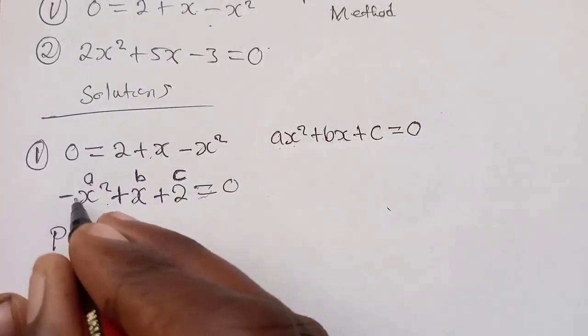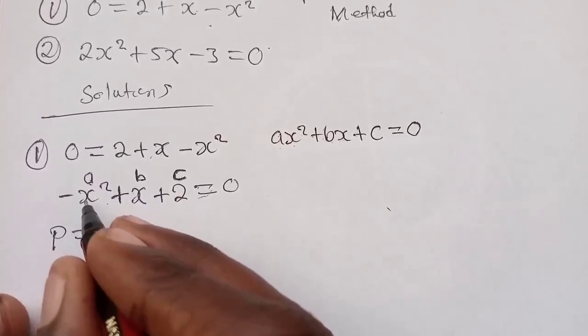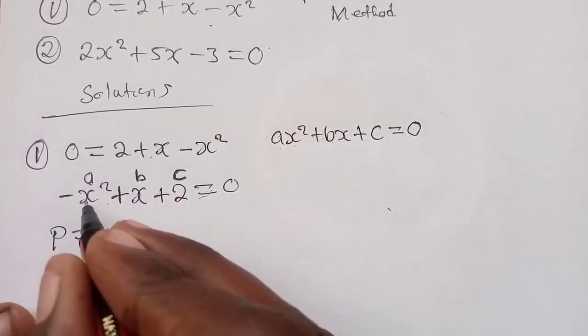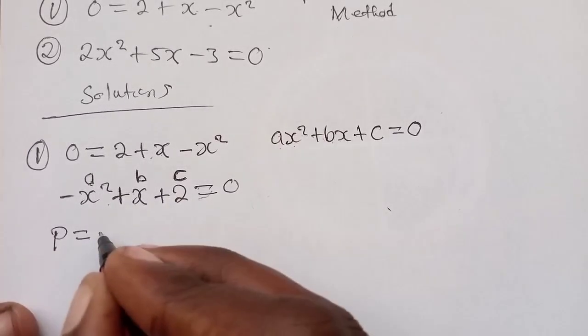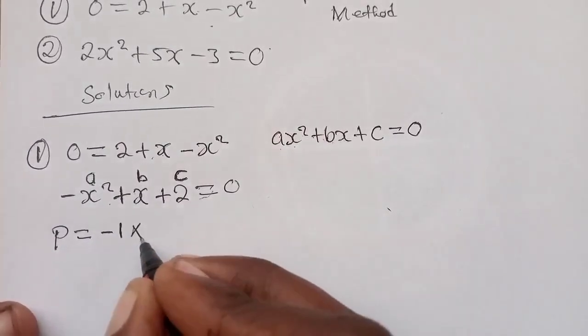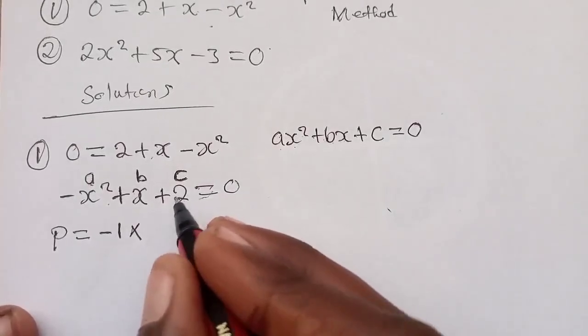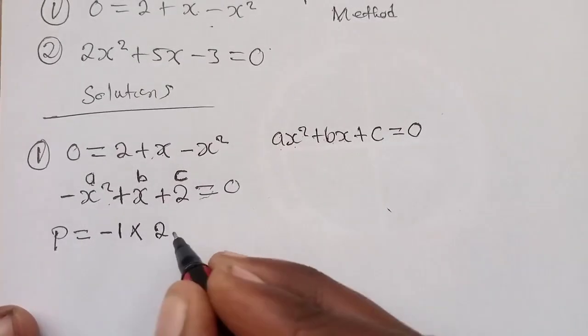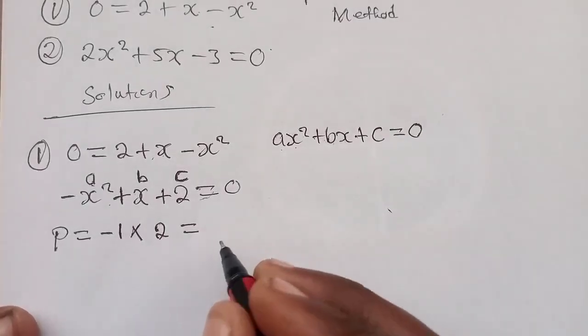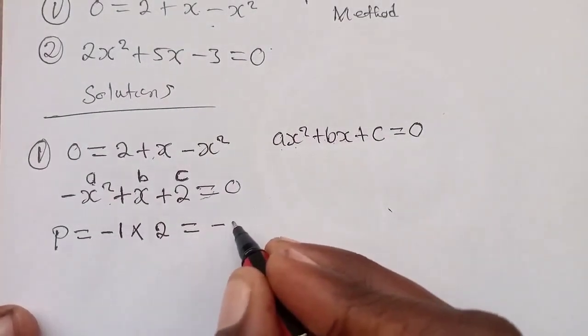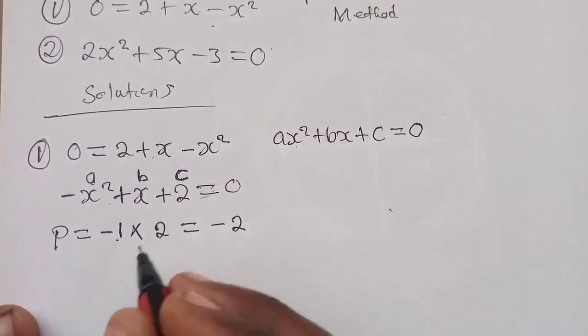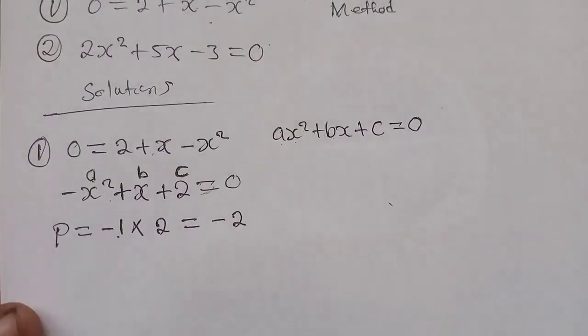The coefficient of negative x squared is -1, multiplied by the coefficient of c, which is 2. Negative 1 times 2 is just negative 2.